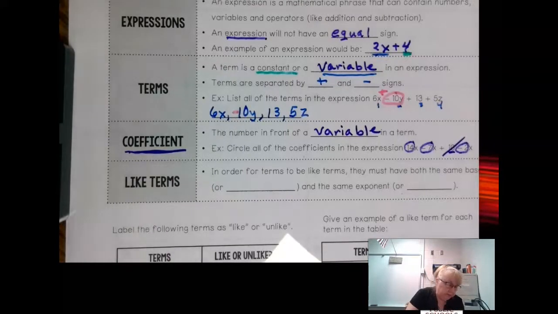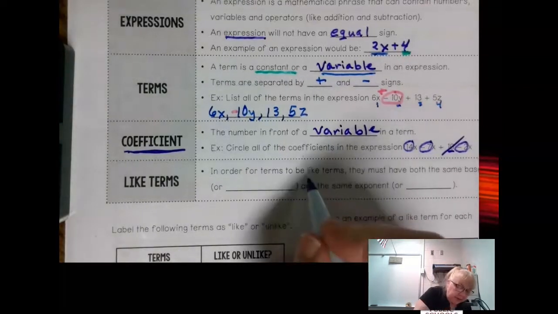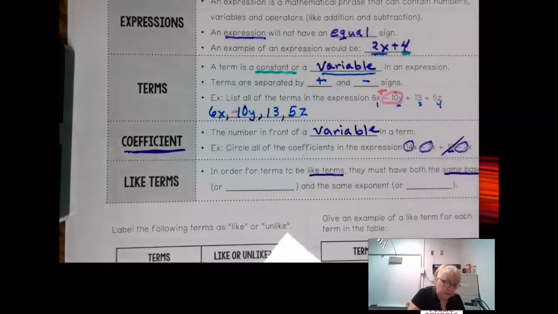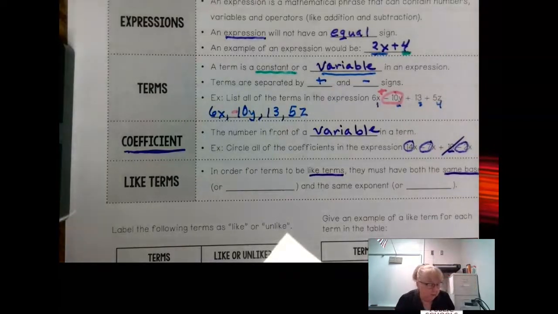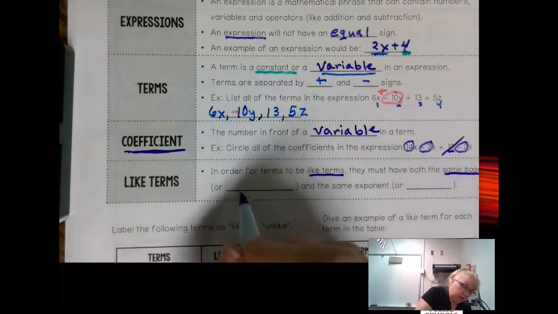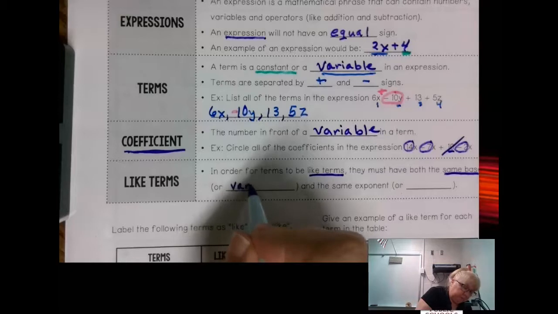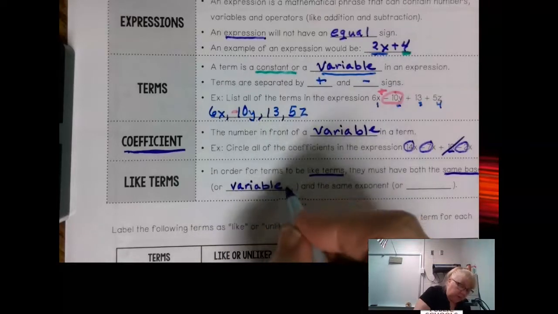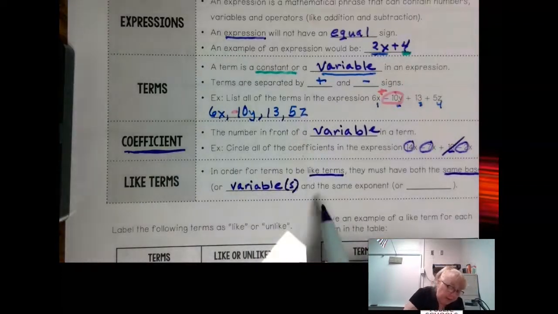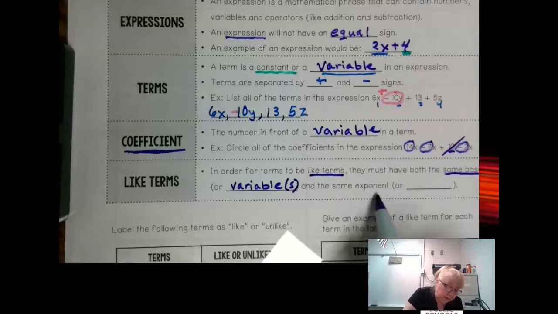Like terms. In order for terms to be like terms, they must have the same base, or variable, or we could say variables because they could have more than one, and the same exponent.